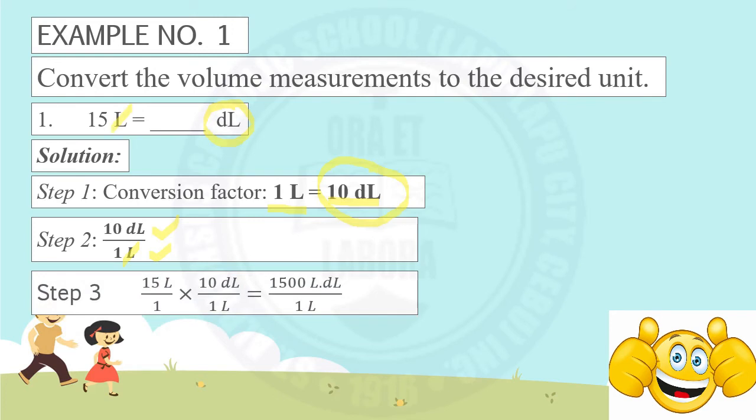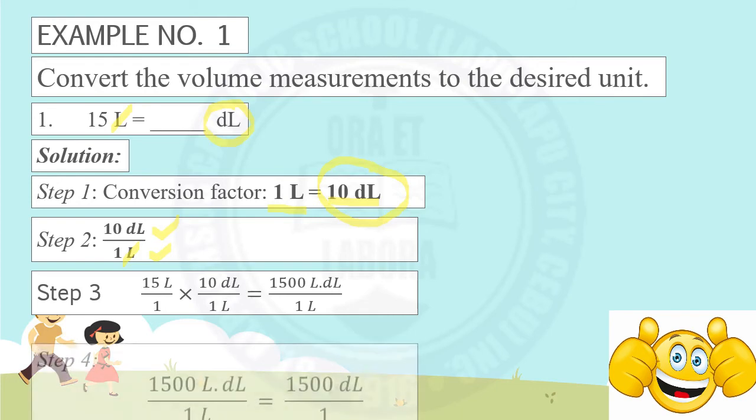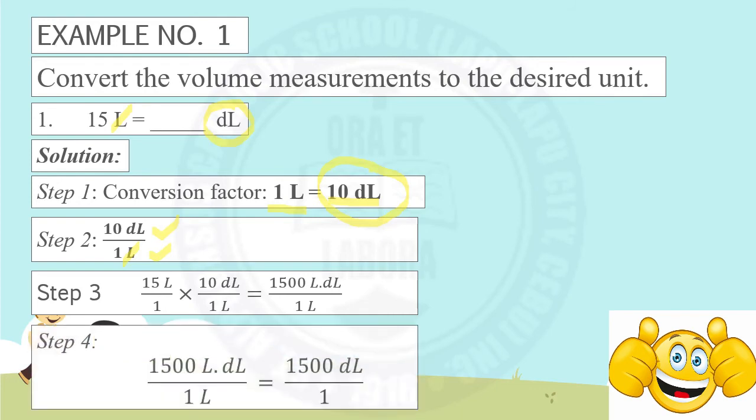Step 3. 15 liters over 1 times 10 deciliters over 1 liter. 15 liters times 10 deciliters is equal to 1,500 liters deciliter. 1 times 1 liter is equal to 1 liter. Then we will do the cancellation of units.